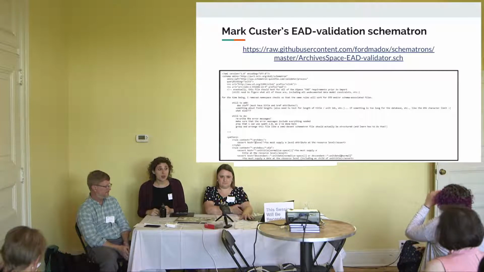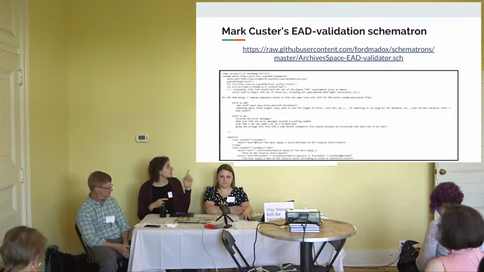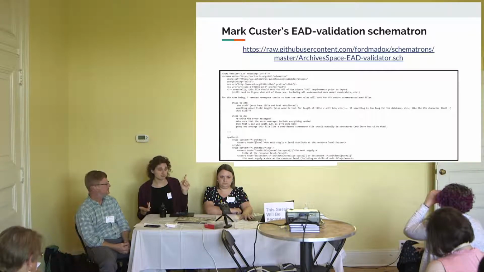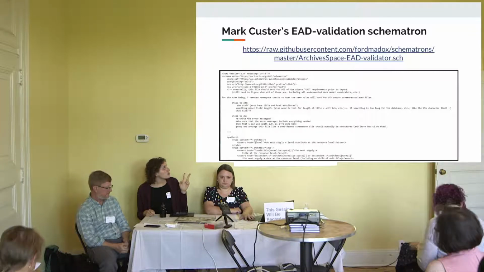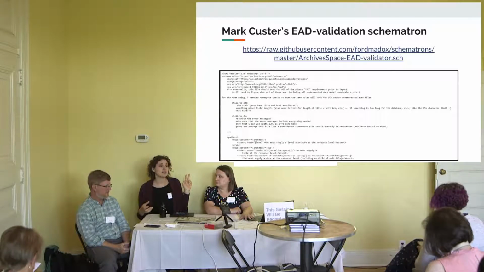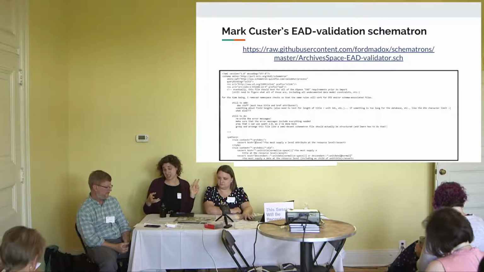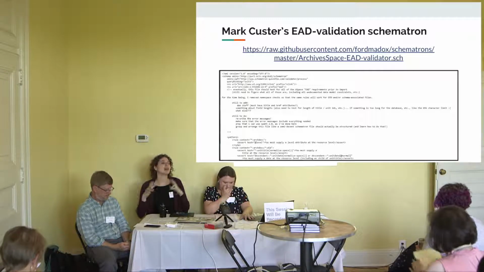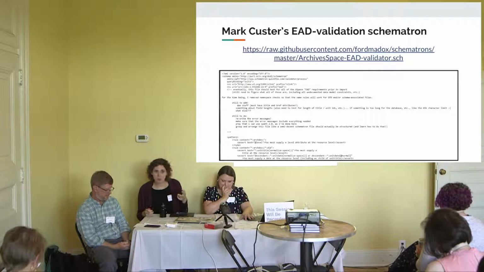A couple really important caveats to this are, number one, that he made this several years ago and ArchivesSpace has changed since then, so it's not flagging all the errors, and it's flagging some errors that have been fixed. And another thing is that some of these rules are specific to Yale, so it's not actually something that ArchivesSpace will block, it's just something that Yale wants its EAD to conform to. So take everything with a grain of salt, but it can help you identify a lot of errors, or if you're banging your head against the wall about one file, this can be a useful thing to do.